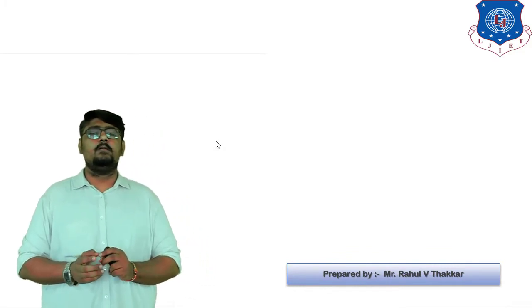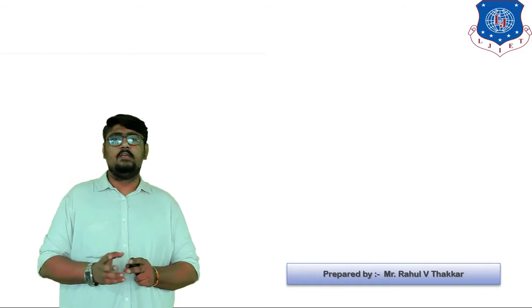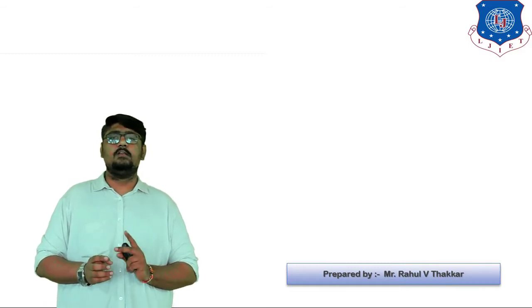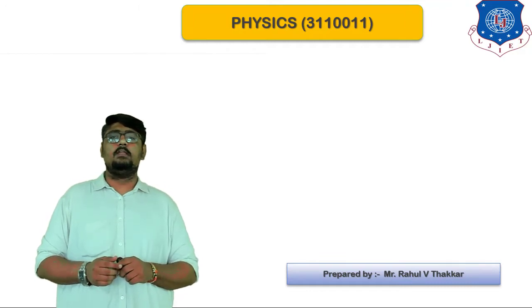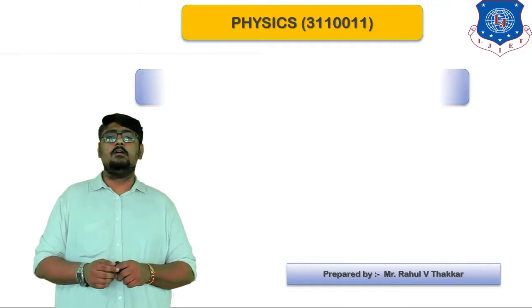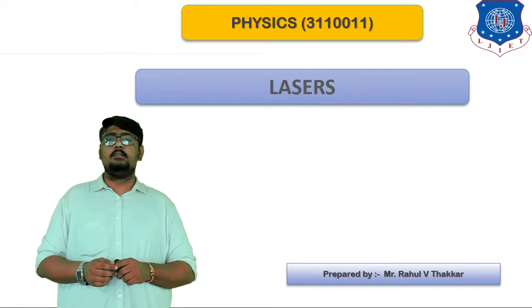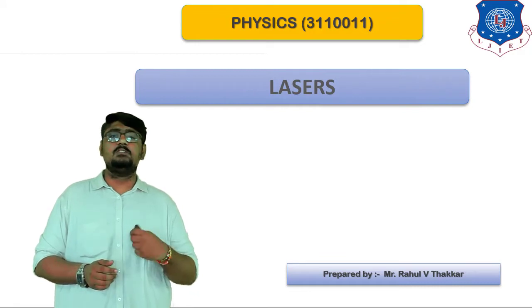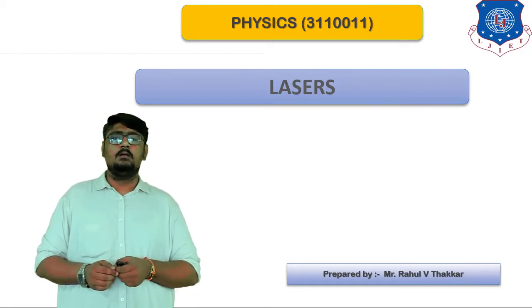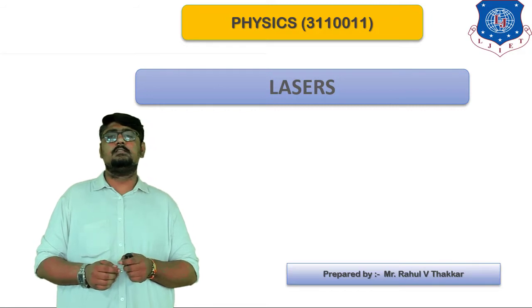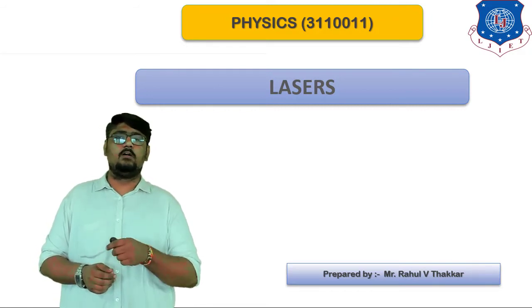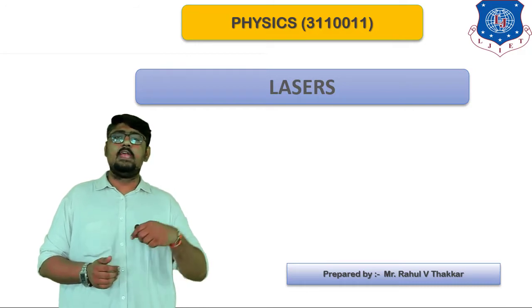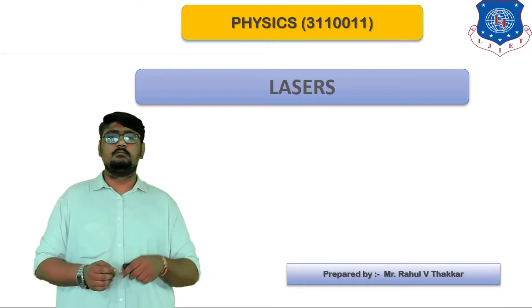In this current video lecture series, we are studying the subject of Physics Group 1. Till now, in the chapter of lasers, we have learned about the properties of laser and its principle. Also, we have discussed Einstein's theory of matter radiation, that is, we have found out the ratio of A and B coefficients.